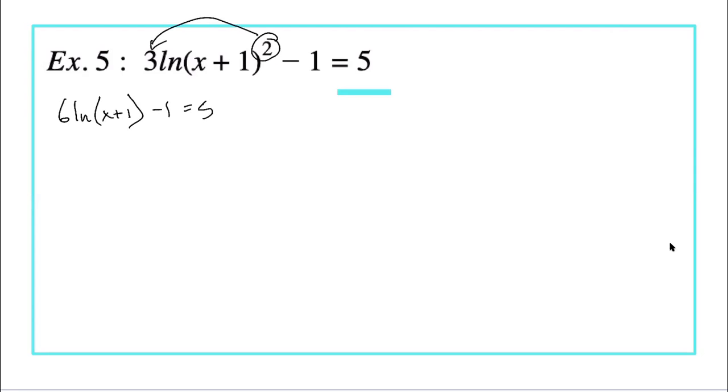Once I've done that, can I divide by 6 on both sides? You could, but I would do something before I divide by that 6. Add the 1 to both sides. Yeah, I'd move that 1 to the other side.